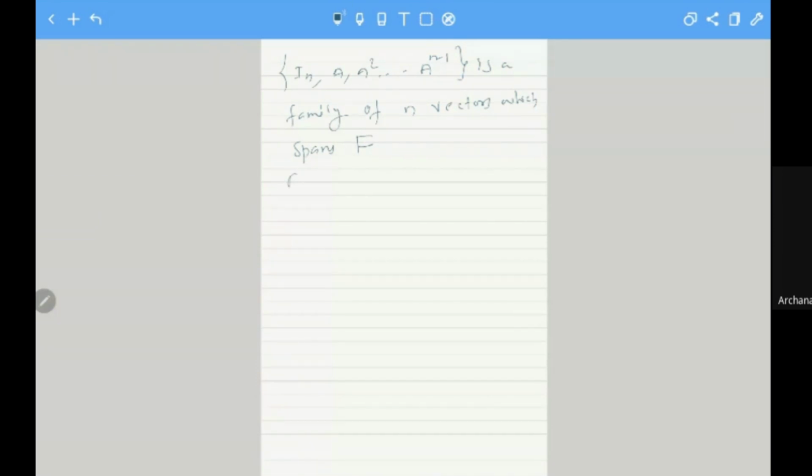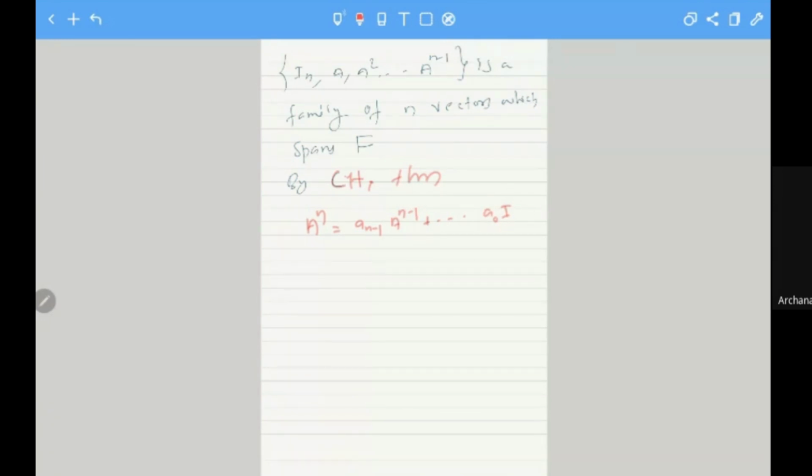Okay. So by the Cayley-Hamilton theorem, we can write A to the power n as some a_(n-1) A^(n-1) plus etc. plus a_0 identity, right? You can write the nth power in terms of its lower powers.